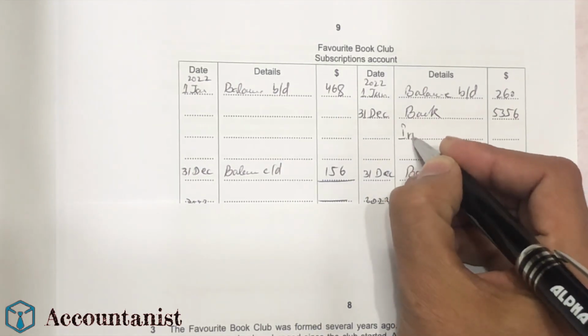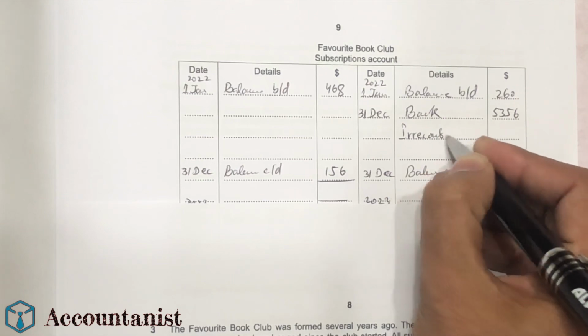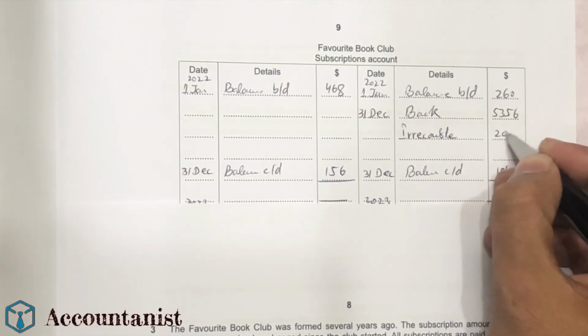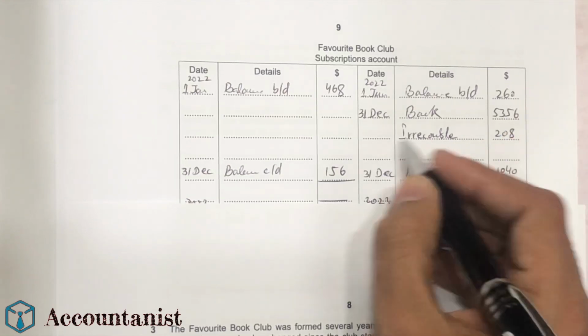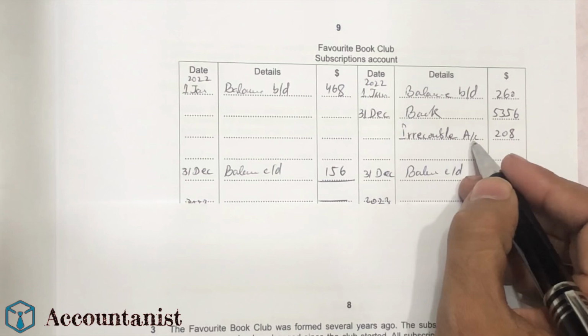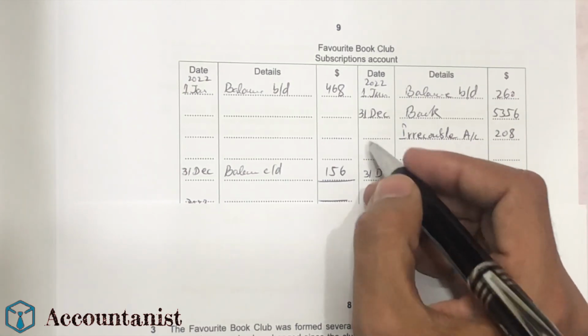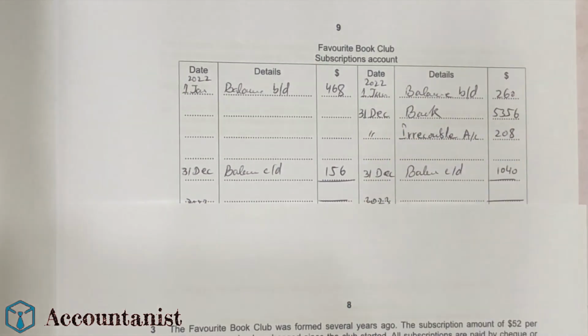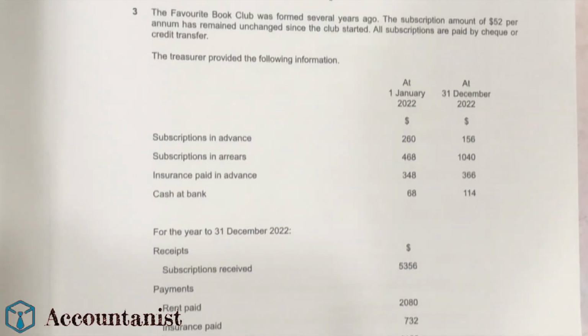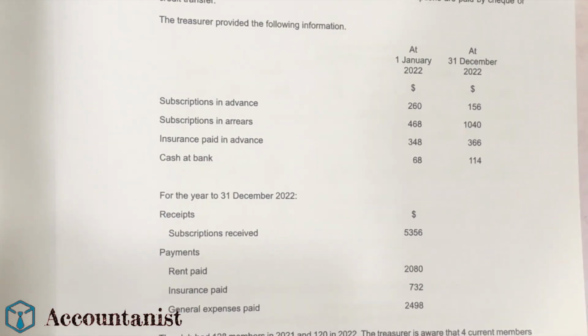So it will come up here. Irrecoverable account, so that was 208. So don't forget, if you write down irrecoverable here, it's an expense. It goes to the income and expenditure account of this question as well. So the date again the same, 31st of December. So these are the transactions that we have here.